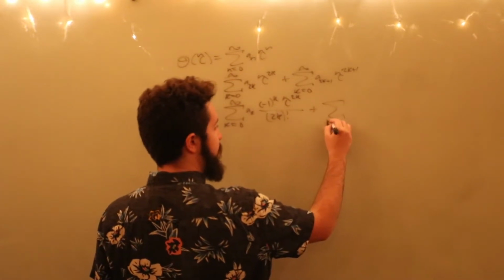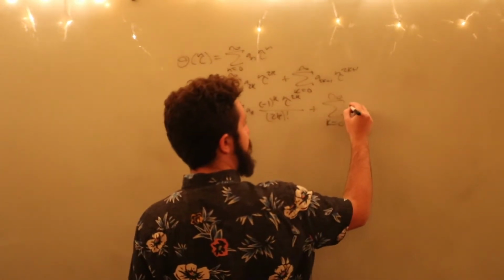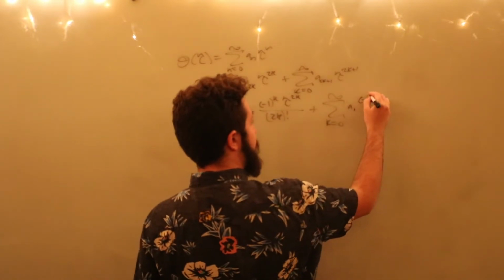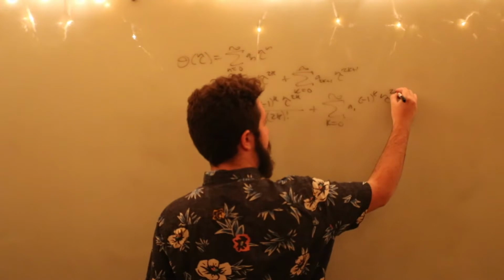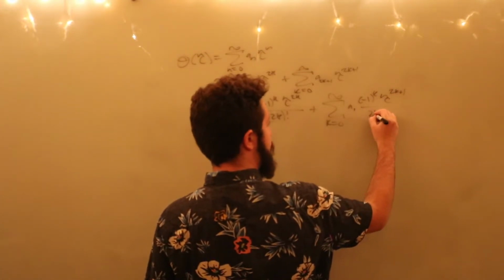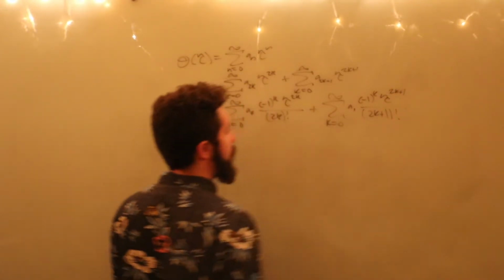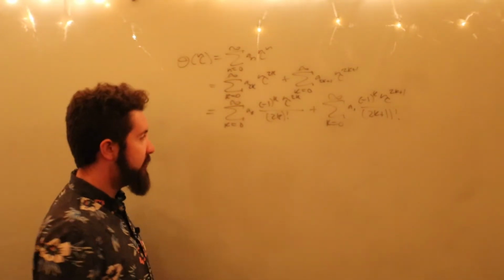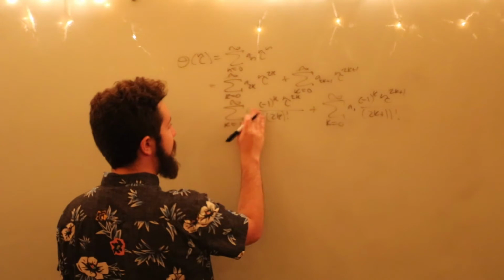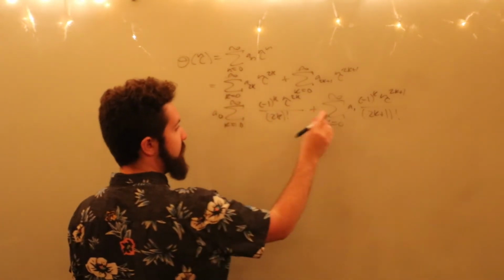Likewise with the second series, we're going to have a 1 times negative 1 to the k times tau to the 2k plus 1 all over 2k plus 1 factorial. Now, because a0 and a1 are just arbitrary constants, we can move them outside of the sums.